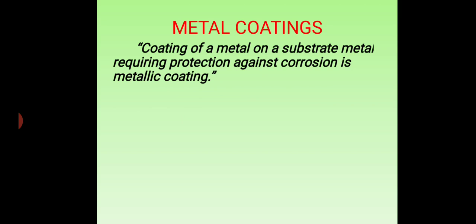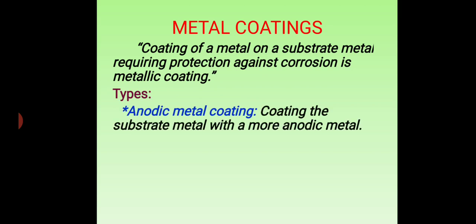There are different methods. So generally, what is metal coating? It is coating of a metal given on substrate metal, the metal to which corrosion resistance property must be increased. Simple it is. Then there are types of metal coating.